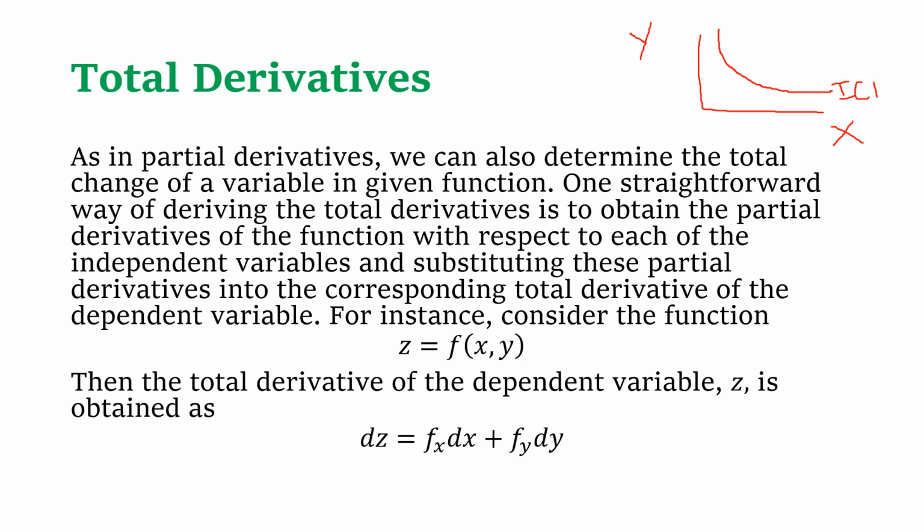So if the consumer is, let's say, here, then we have this amount that is consumed. Let's say this is 10 units of y consumed, and this is 5 units of x consumed, right?